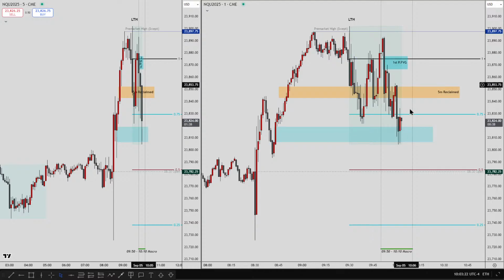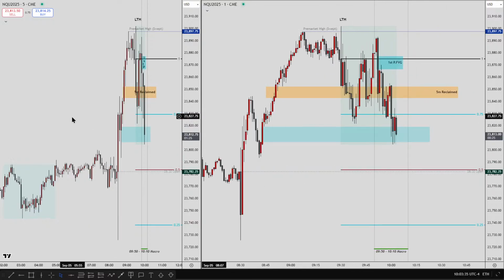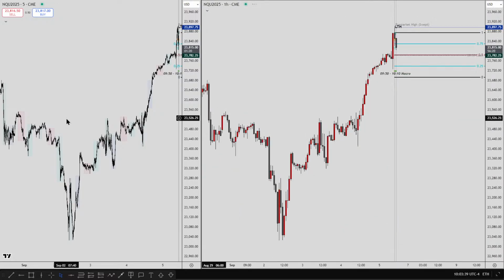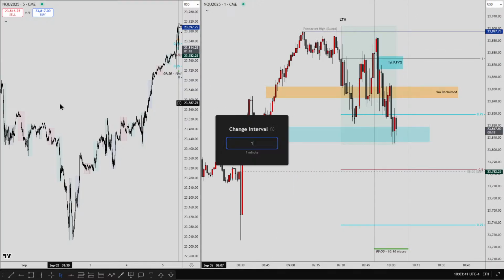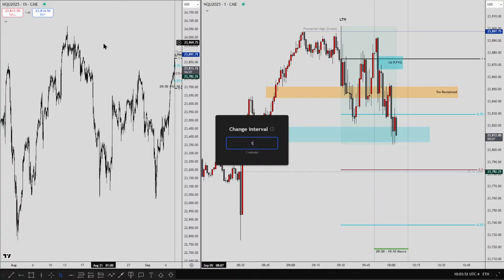So we reached down into an inefficiency, and we took out this low. So for a silver bullet now, a bullish silver bullet into our drawn liquidity being this, that low resistance price run, because it's a bundle of relatively equal highs in the same spot.